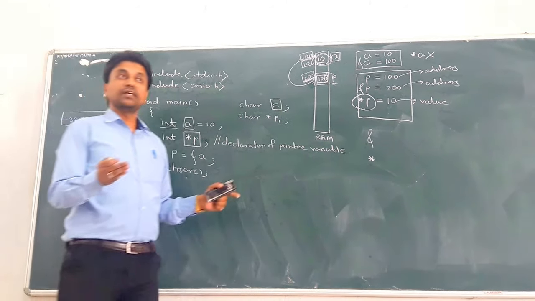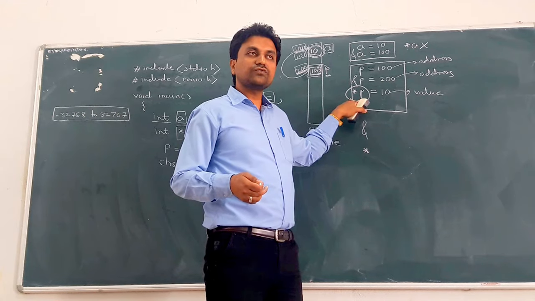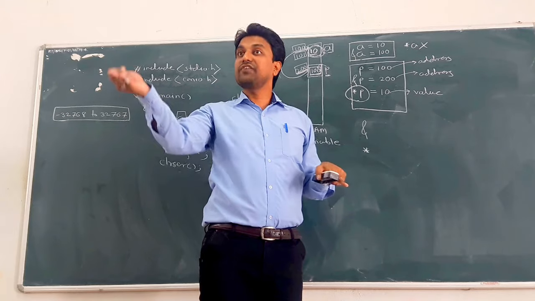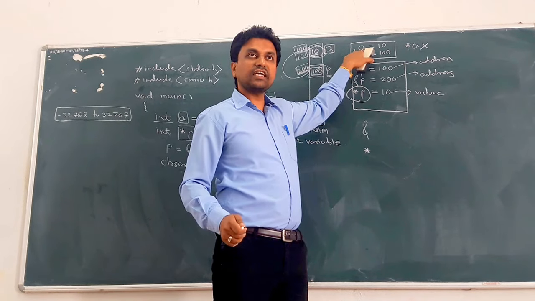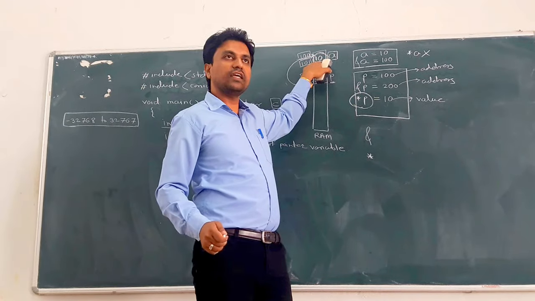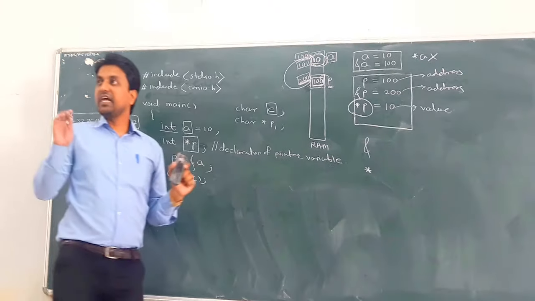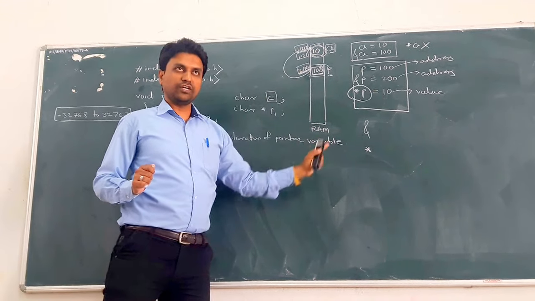Through pointer P we can access which value? The value of a variable. How? In an indirect way, not directly. The direct way is to just write a, and it gives you the value of a, but this is called the indirect way. And P points to this location of a, so P is called a pointer.